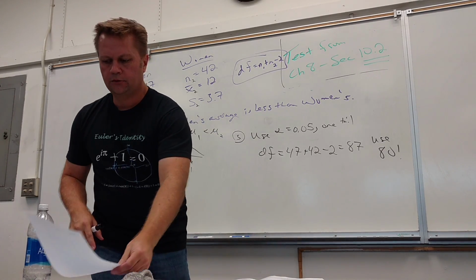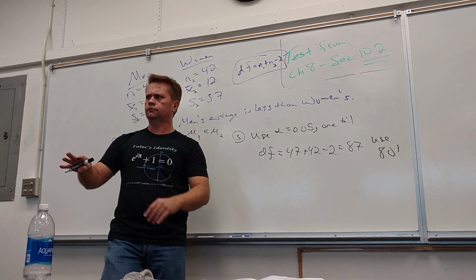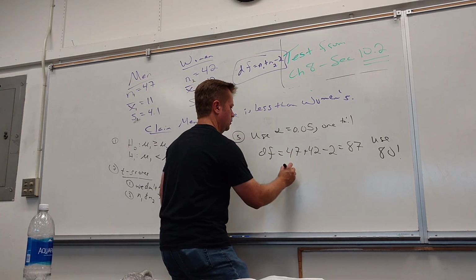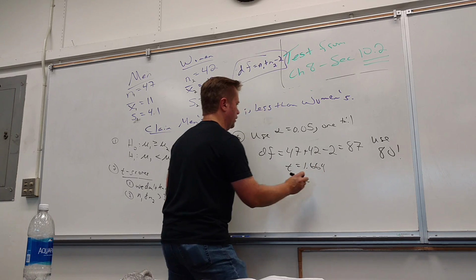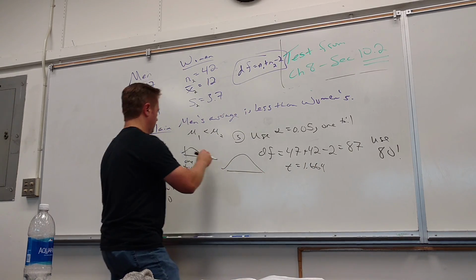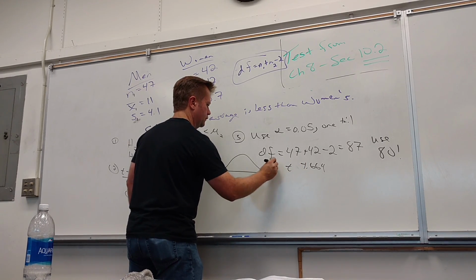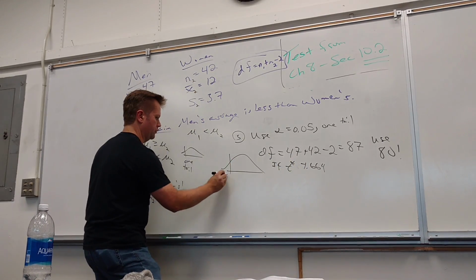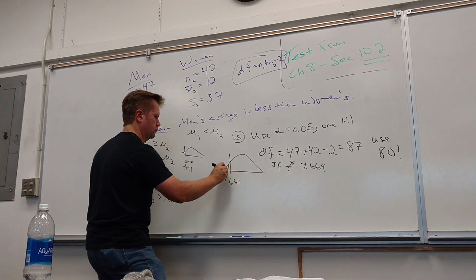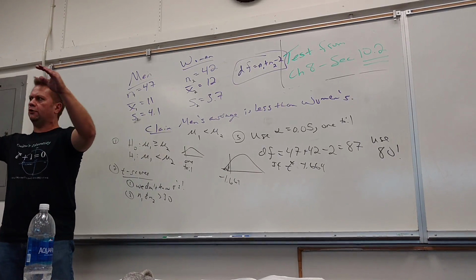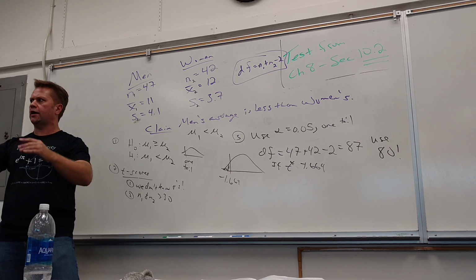You guys get that? 1.664? Cool, cool. So T is negative 1.664, I like it. So it's down here. Let me just leave this as T star. So here's negative 1.664. There's my rejection region. Then I've got to get at least that far away. That's like my benchmark to pass.